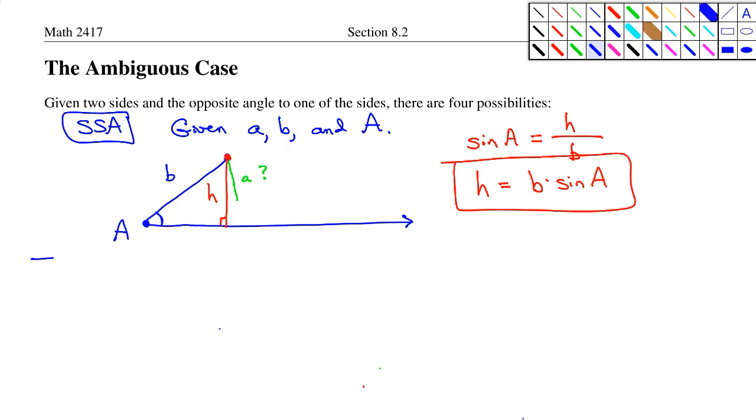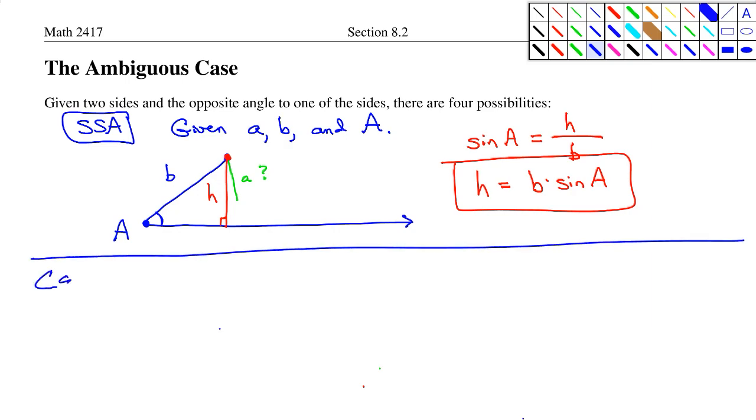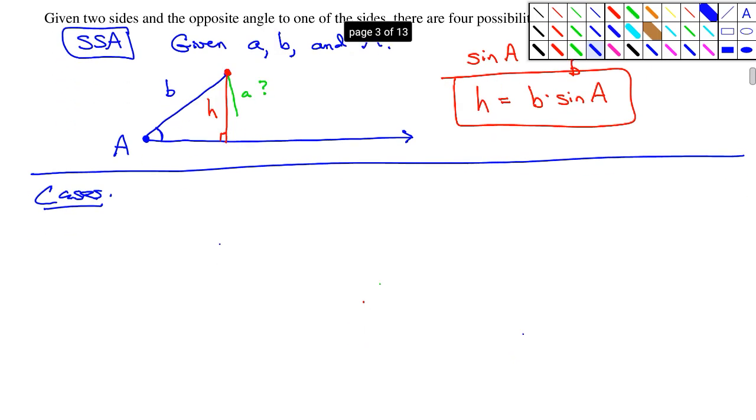So let's do that. Here are the cases. There are four cases. Case number 1. Suppose that A is smaller than the height. Let me draw a little diagram here. We would have angle A, the side B, the height H, and then we would attempt to attach side A and bring it down to form a triangle.